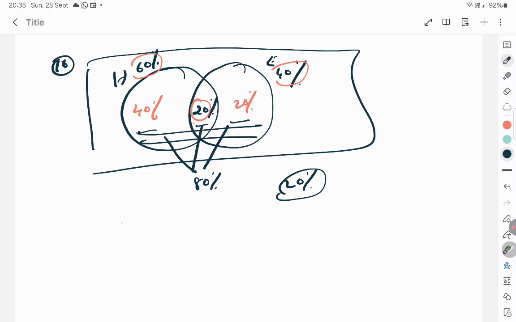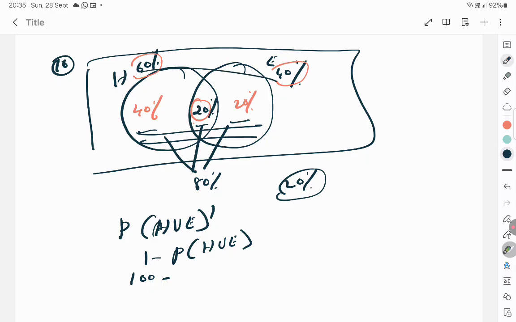So they are asking for P of H union E the whole complement, who doesn't belong to any of this, which is 1 minus P of H union E. So it's 100% minus the union. Or you can do it like this, very easy, as I have done, or you can substitute the formula, it's your wish. You still get the same answer.